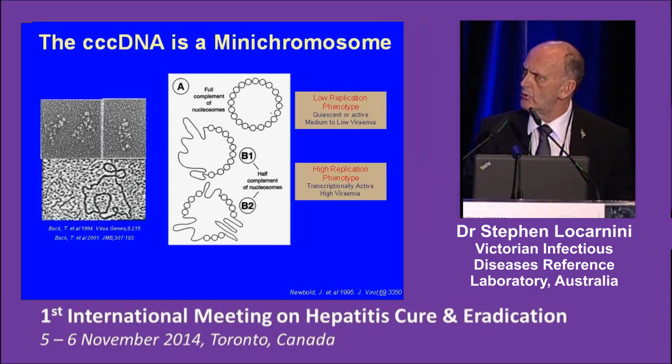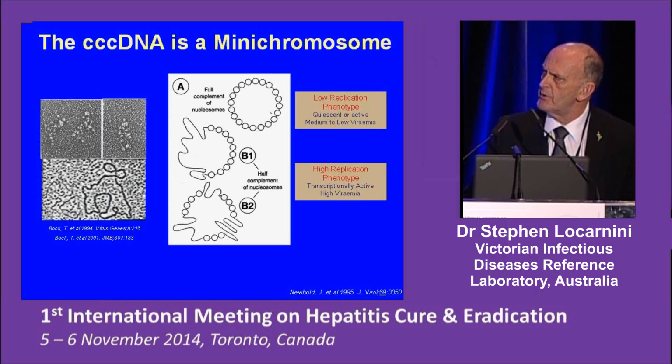These are what we show with the low replication phenotype. Then you have an open structure, typically half chromatinized, both in human and in animal models. And these half chromatinized are presumably the transcriptionally active, the high replication phenotype. I'll come back to these in a minute in terms of inhibitors.